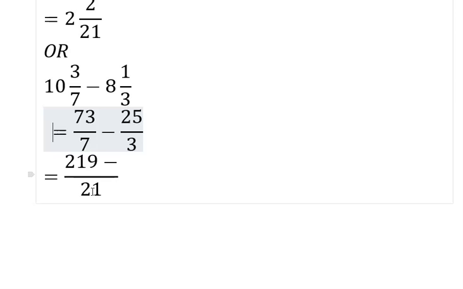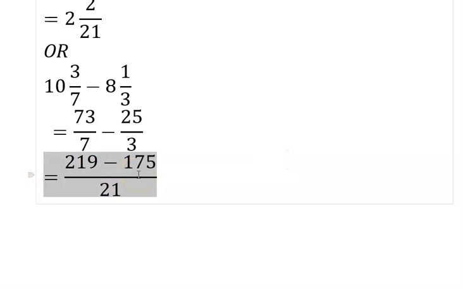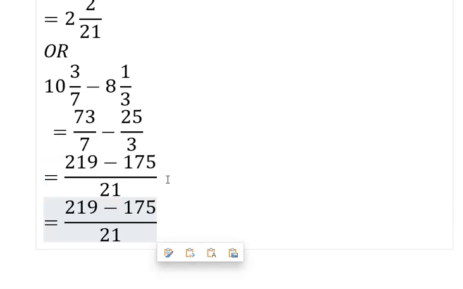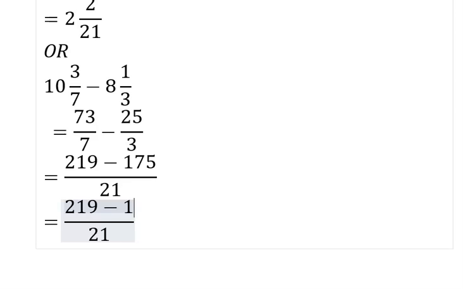That's 7 times. 7 times 25 will give you 175. Awesome. So with this, you can subtract the numerators. 219 minus 175 will give you 44.